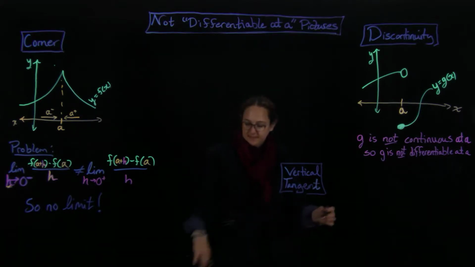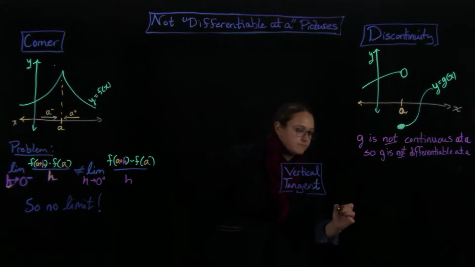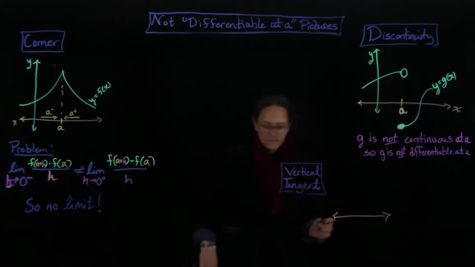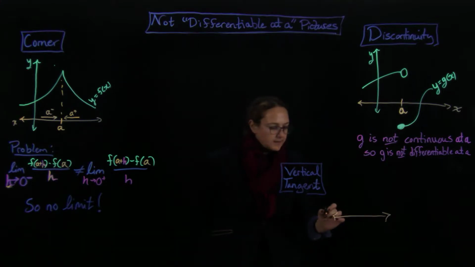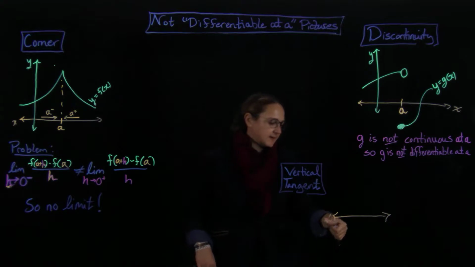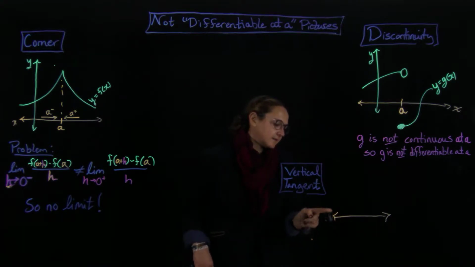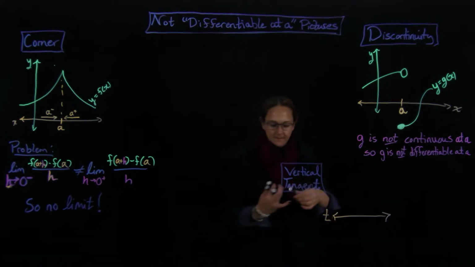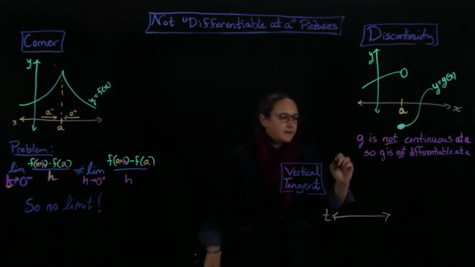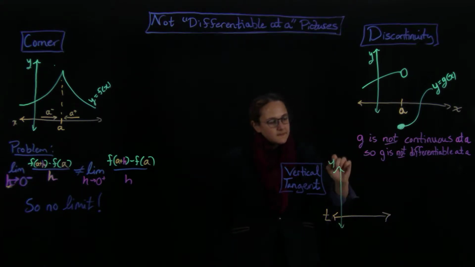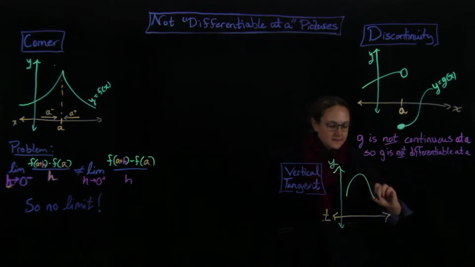So this is like my x or my t. Let's make this my t this time to remind us that things aren't always f and x. So maybe this is my t, and then I have y here, and maybe this is my p of t, which looks like this.